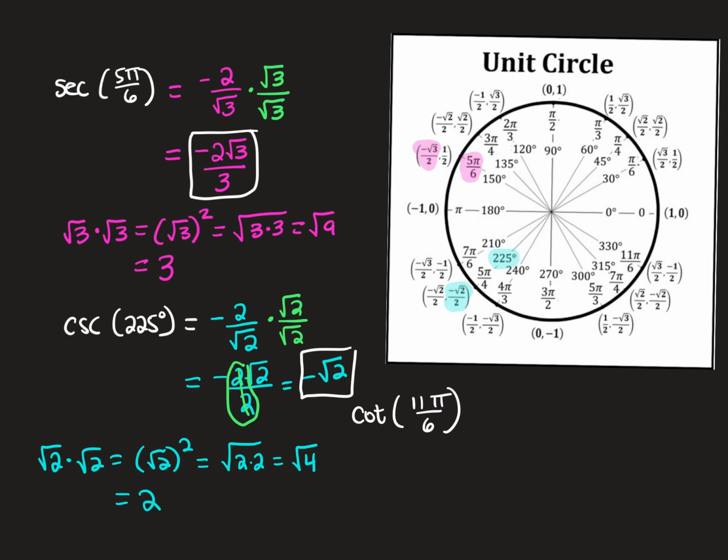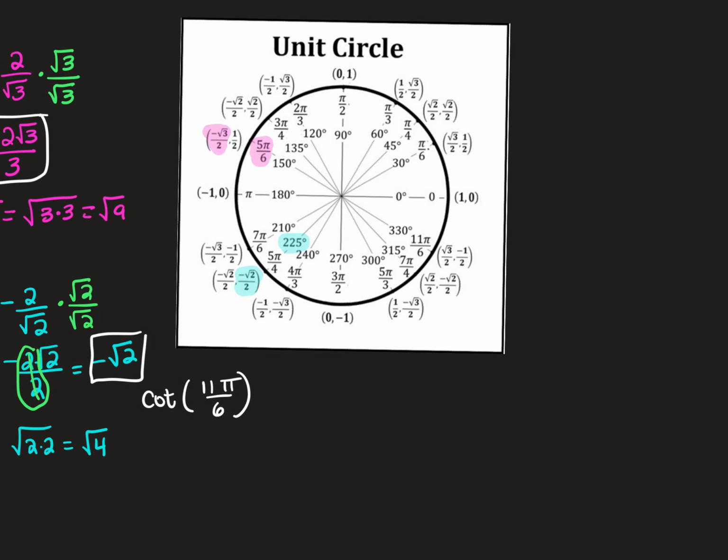All right, just one more quick one. We'll do a cotangent. Let me move this a little bit. I actually think I'm going to change that. Let's make it the tangent of 11 pi over 6. All right, so we find 11 pi over 6. Okay, and that's right here. And then tangent, if you remember your unit circle information, tangent of an angle is the sine of that angle over the cosine of that angle.